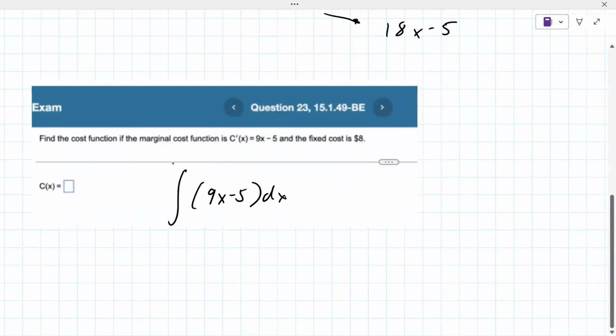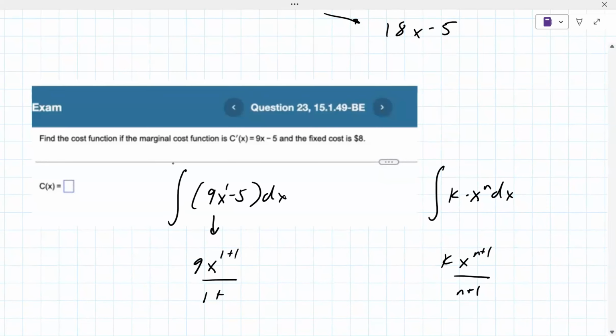That's coming from someone that's done millions of these. But the integral rule, if you have a constant times x to the n dx, you add 1 to the exponent and divide by the new exponent. So this is really 9x to the 1. So you add 1 to the exponent and divide by the new exponent.